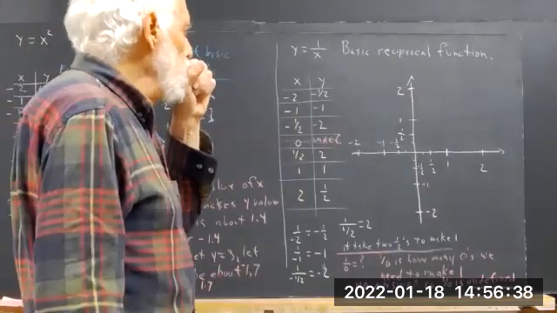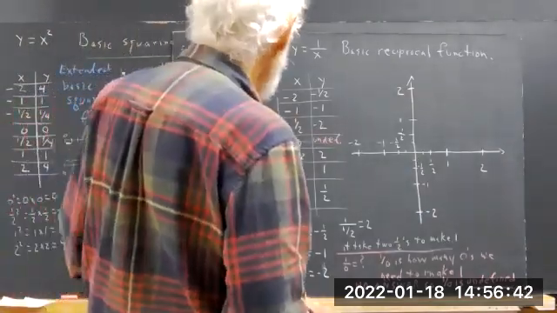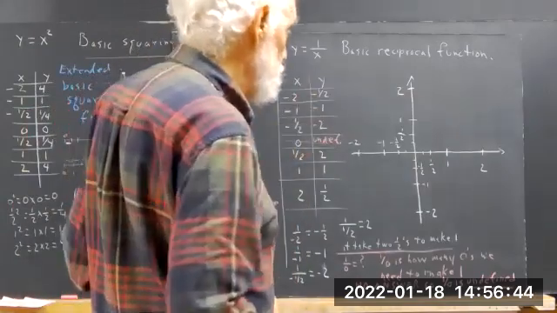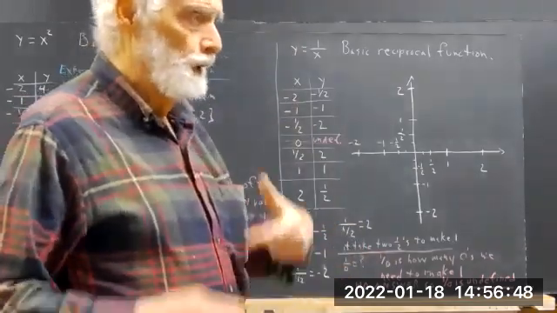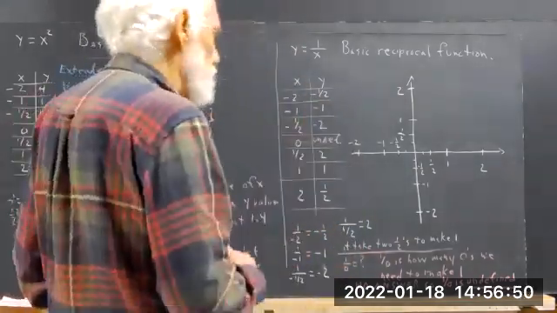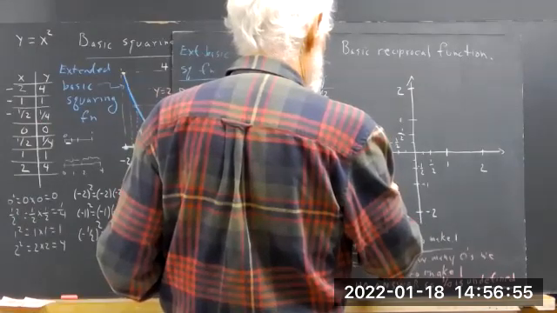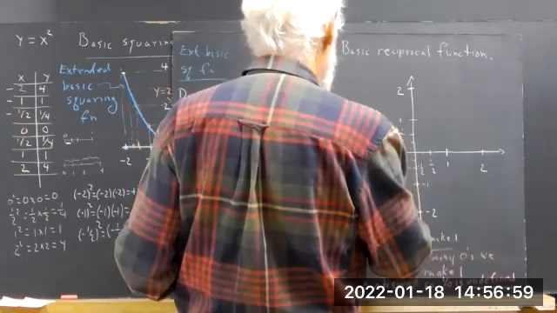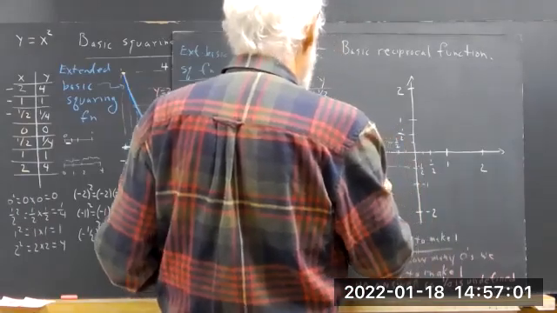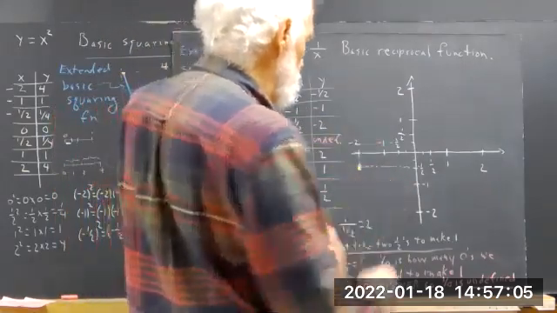Okay. We can now plot our points. If x is negative 2, y is negative 1/2. I apologize for coughing. I just took a break and ate something, and apparently that caused some kind of irritation. Should go away shortly. Okay, well, I have negative 2, negative 1/2. It's going to be here. Negative 1, negative 1.